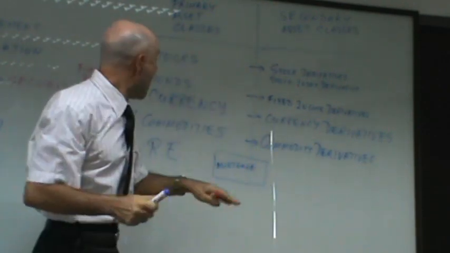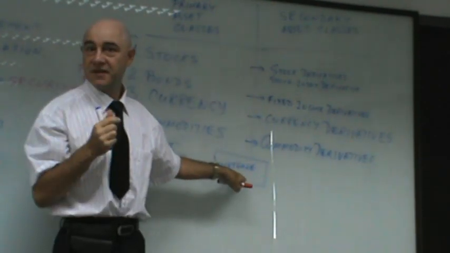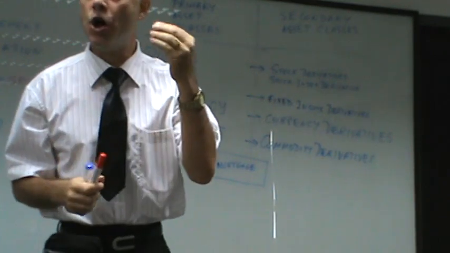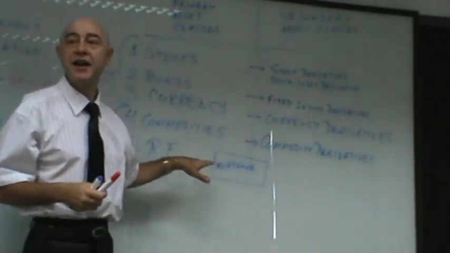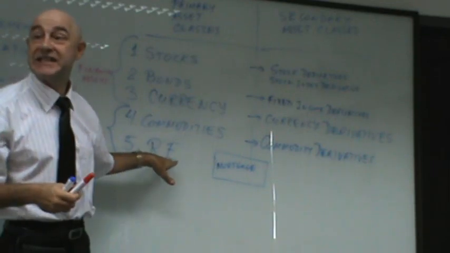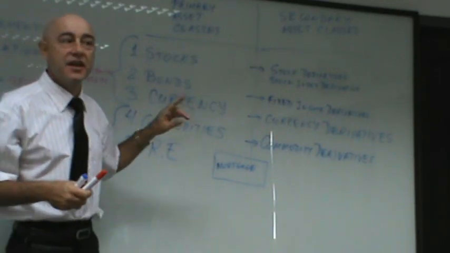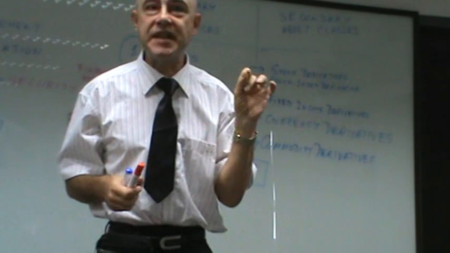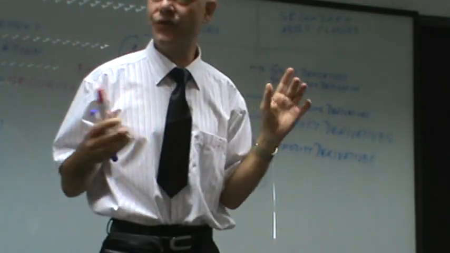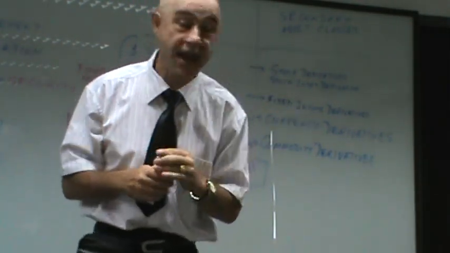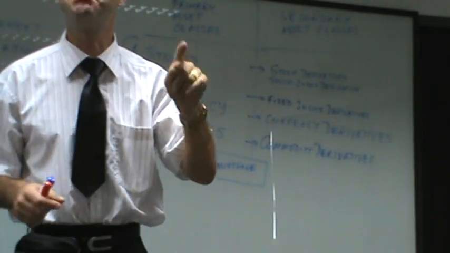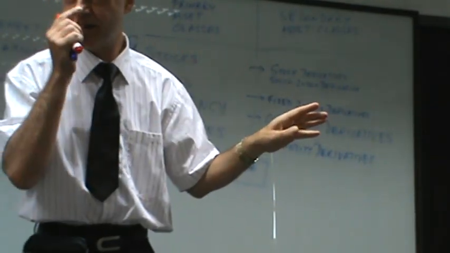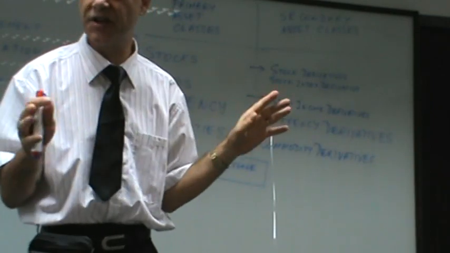So, a mortgage is a loan secured by real estate. Let me emphasize, because students are confused and bankers don't understand: a mortgage is not a loan for the purchase of real estate. It's not a loan to buy real estate.